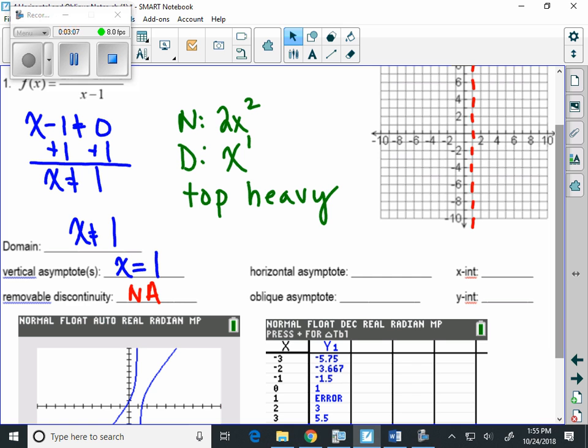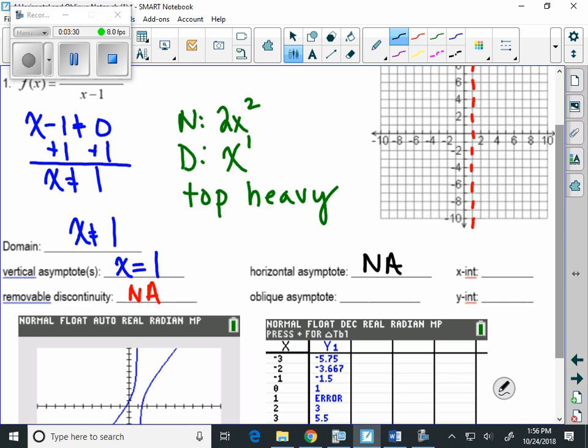If you have an oblique, you don't have a horizontal. So once again, since we don't have a horizontal, I'm going to write not applicable. I want to say it one more time. If we have a horizontal, we don't have an oblique. If we have an oblique, we don't have a horizontal. It's either or.